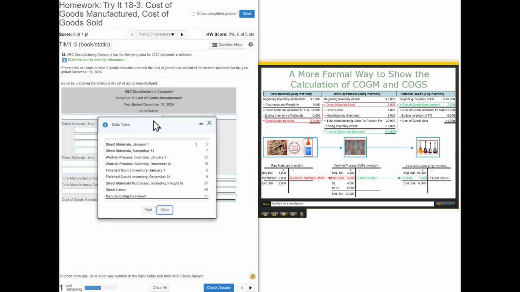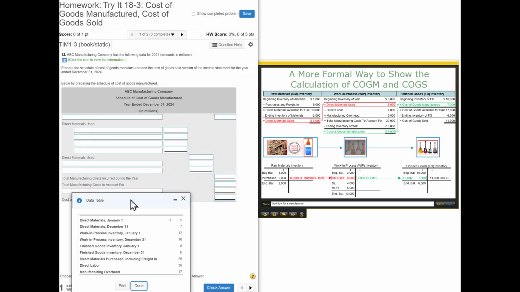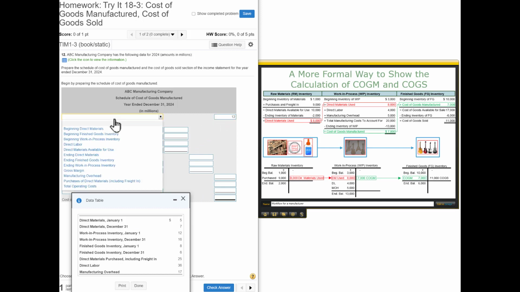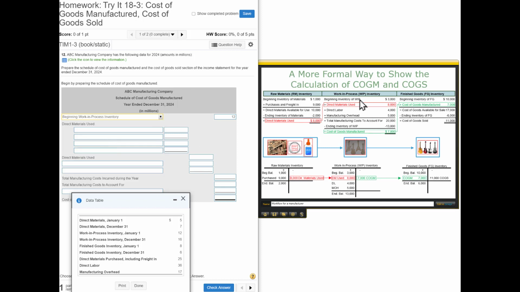So we're going to click on this, and work in process at the beginning of January was 12. Notice it says ABC Manufacturing Company has the following data for 2024, and these amounts are in millions, but we're going to leave off the zeros. So we've got work in process at the beginning of the period, which was 12 million, copy and paste. And we're going to call that beginning work in process inventory.